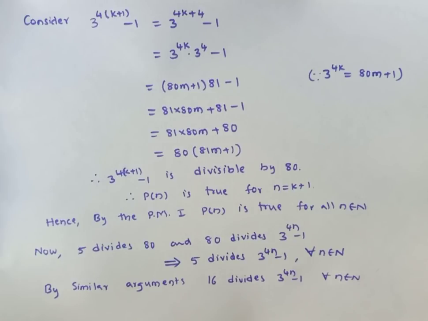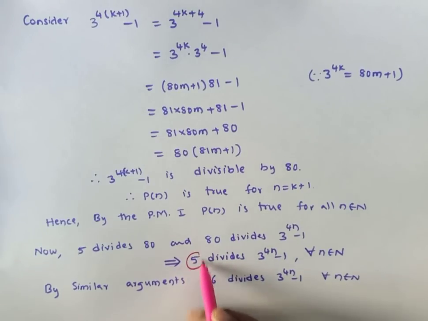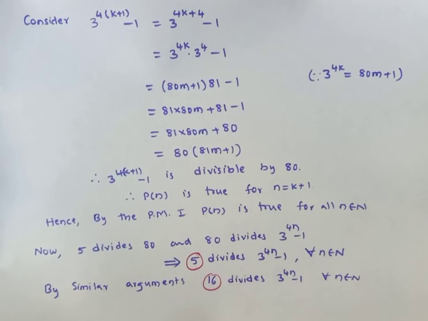So therefore the given statement 3 power 4n minus 1 is divisible by both 5 and 16. So the answer is C, both 5 and 16. Thank you.